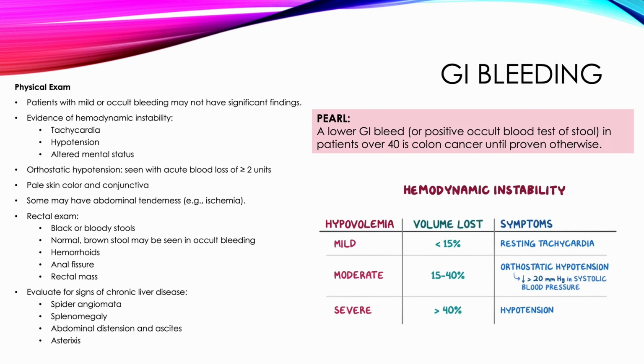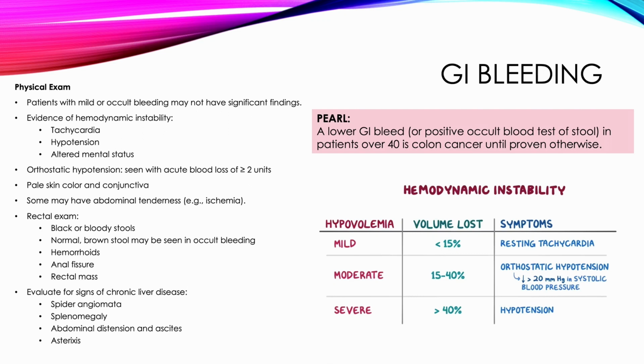One of the things we need to assess for really quickly in a patient with GI bleeding, whether it be upper or lower, is evidence of hemodynamic instability. Hemodynamic instability is going to be dizziness, especially with change in position, so positional dizziness, tachycardia, hypotension, someone that's altered, because remember, we're losing blood.